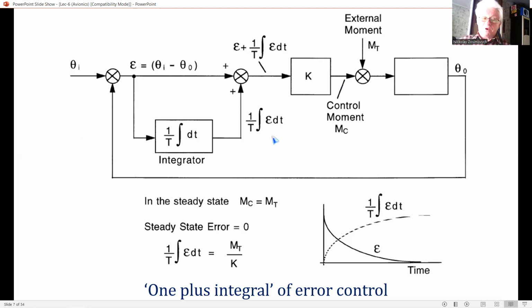With the effect of the proportional plus integral of error, the error is not zero and reaches a value sufficient to generate the necessary control moment to balance the out of trim moment. The value of integral term control can thus be seen in achieving automatic trimming of the control surfaces.